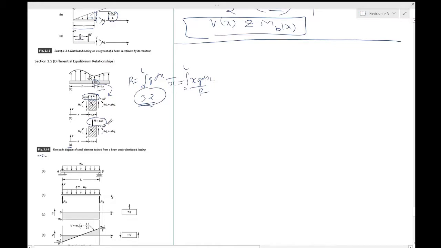But if the variation of q(x) is smooth and delta x is very small, then R is very nearly given by q into delta x, and the line of R will very nearly pass through the midpoint of the element. So it all depends on the smallness of this delta x.